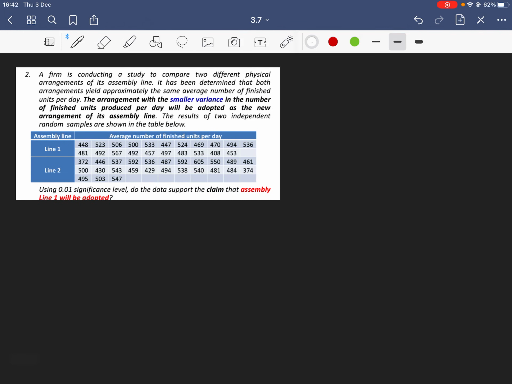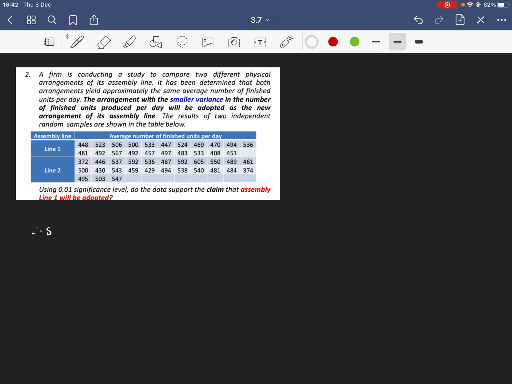So number 2, a firm is conducting a study to compare two different physical arrangements of its assembly line. It has been determined that both arrangements yield approximately the same average number of finished units per day. The arrangement with the smaller variance in the number of finished units per day will be adopted as the new arrangement of its assembly line.